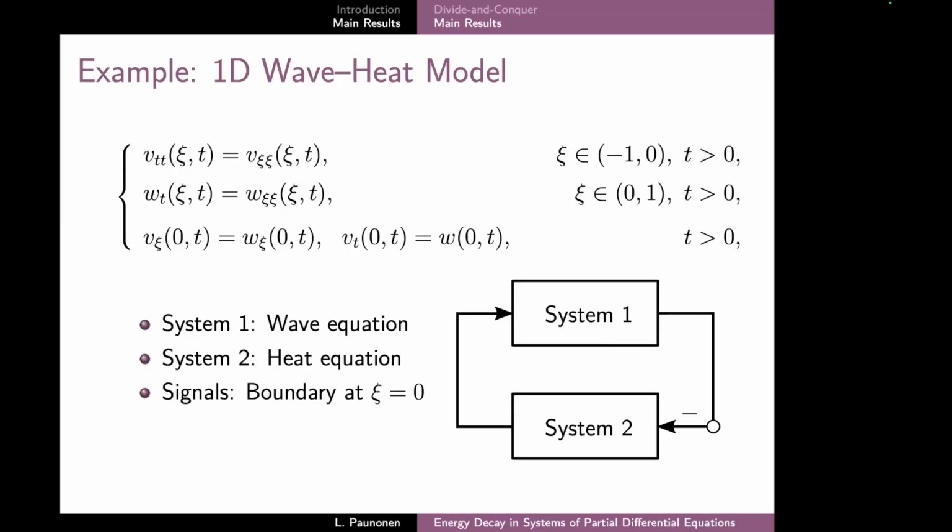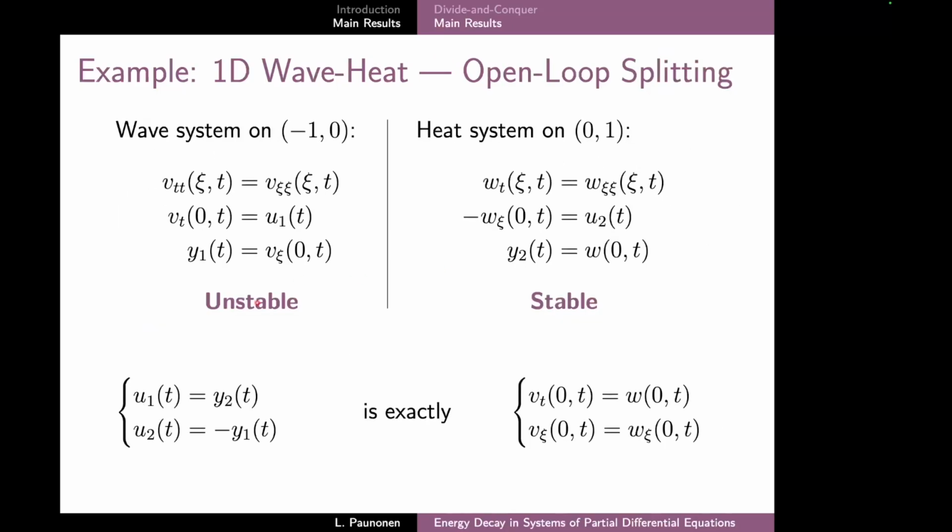So what we want to do at this point is to equip both the wave equation and the heat equation with suitable inputs and outputs in such a way that when we implement this feedback interconnection between the two systems, then we recover the original boundary conditions and our original system. And in this particular situation, the decoupling can be done in the way shown here.